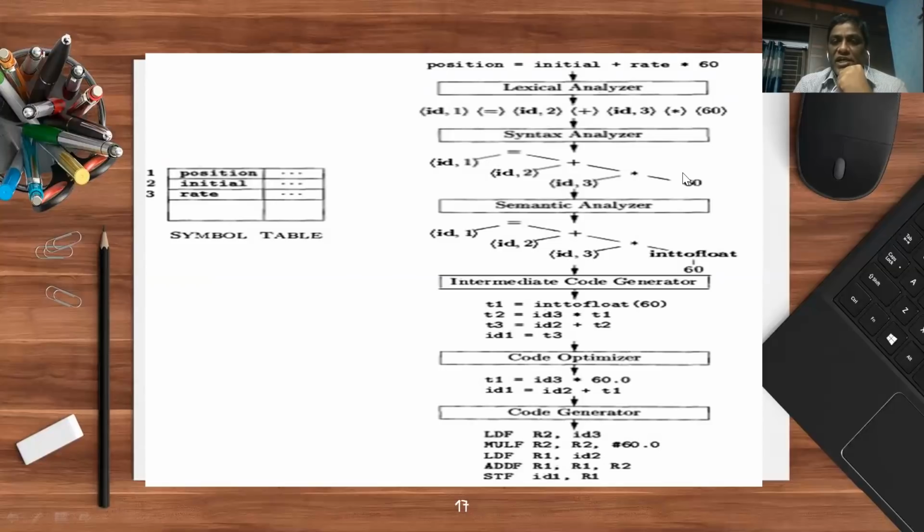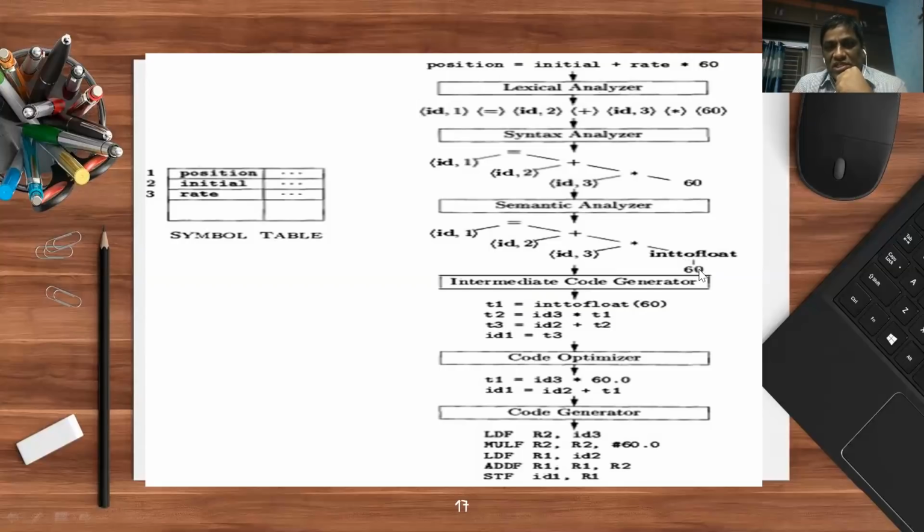The lower data type must be converted to the higher data type. So what the semantic analyzer does is it converts this 60 into float by applying another operator. That means it is adding another meaning over here.